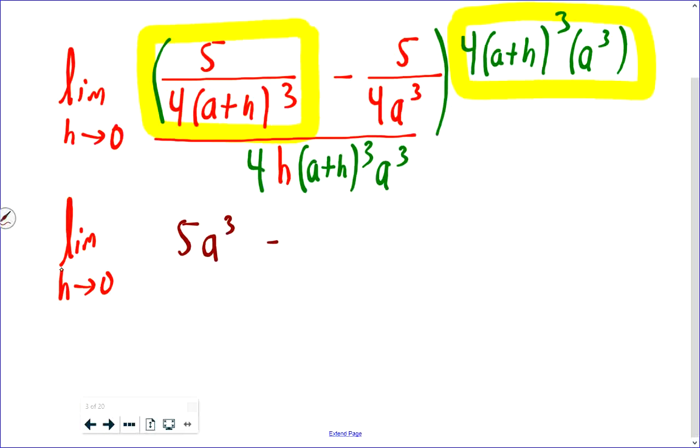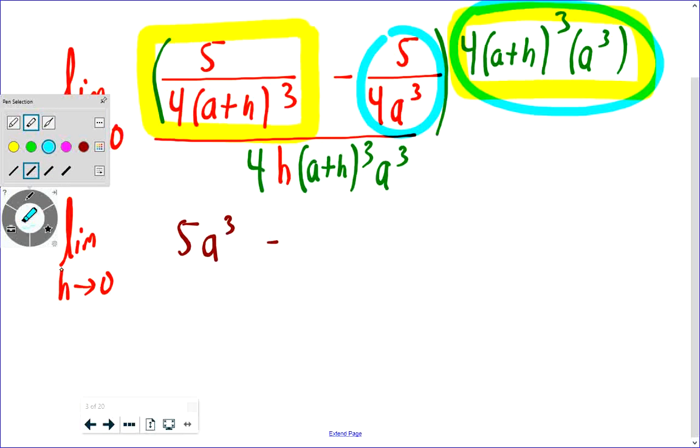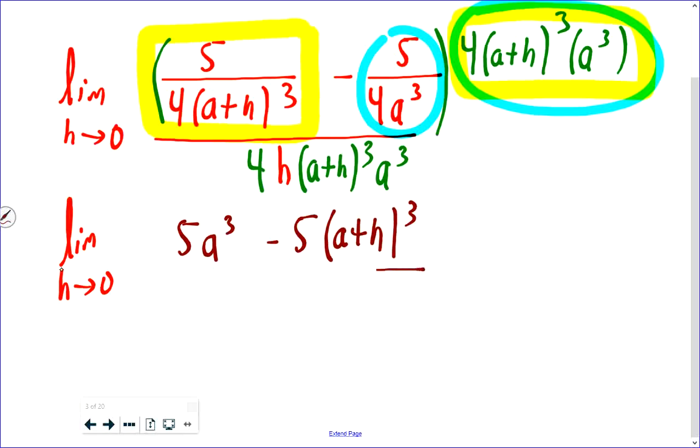When I multiply out this and this, the 4 and the a cubed cancel, and I'm left with 5 times a plus h cubed. And of course on the bottom I've got this mess.